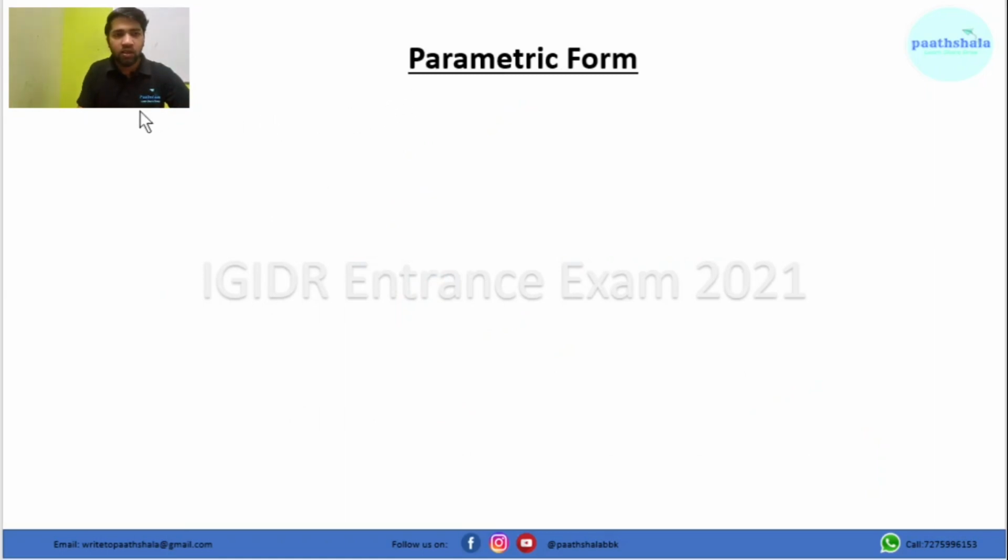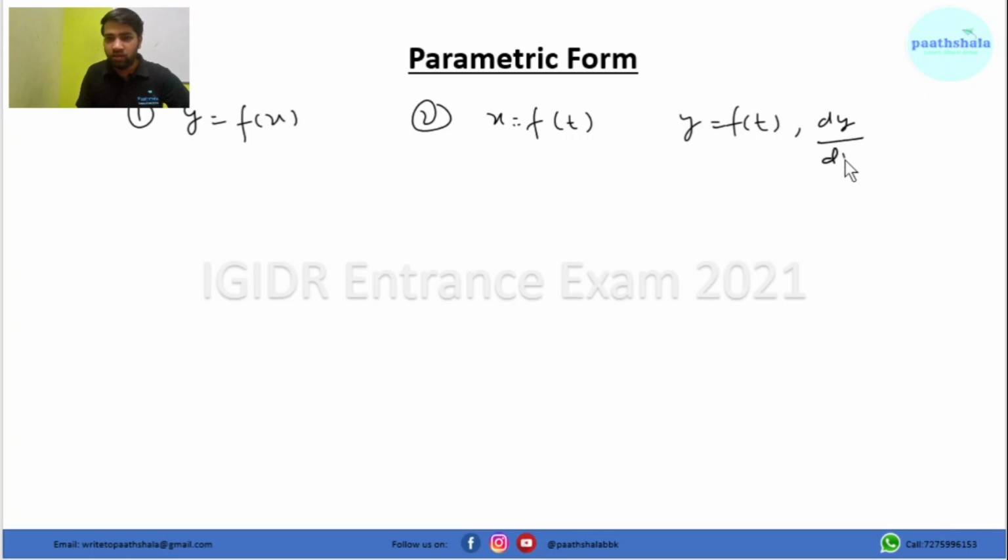Here one thing I would like to bring to your attention: till now we have covered all the differentiation in the form of y equals f(x), but sometimes the question may be given in the form of, let's say, x is a function of t and y is a function of t, and they might ask you to find dy by dx and d2y by dx2.